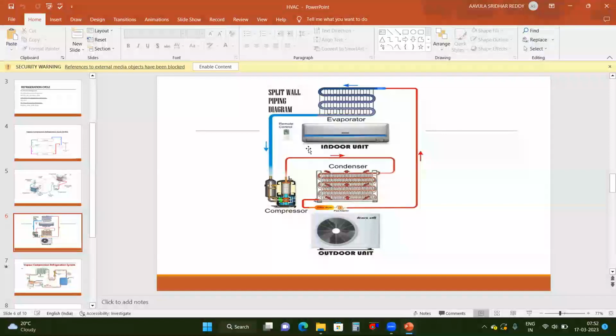Simply put, the refrigerant is a working fluid working between the indoor and outdoor units to transfer heat. By this heat transfer, we get the cool temperature inside the room.